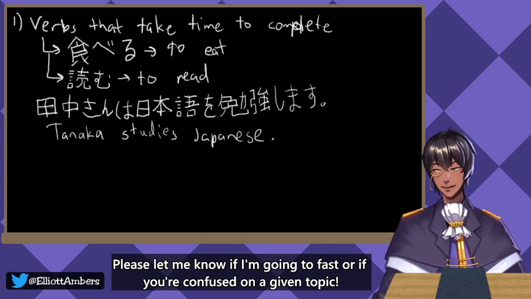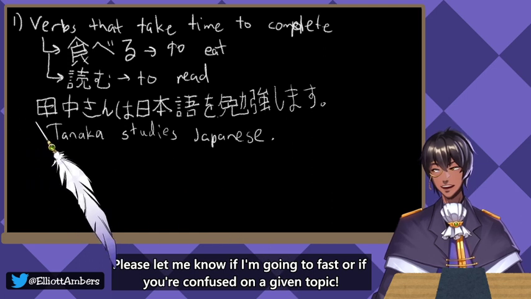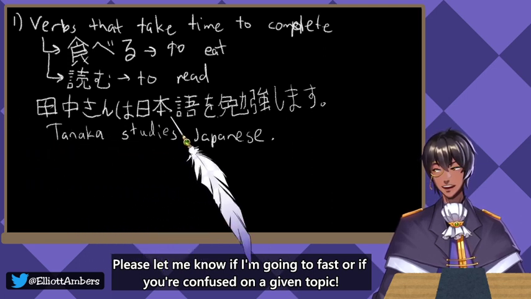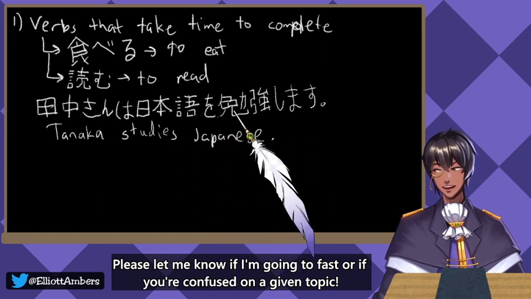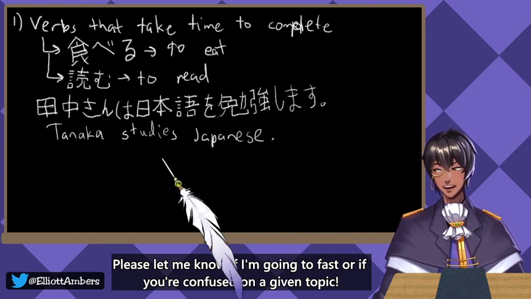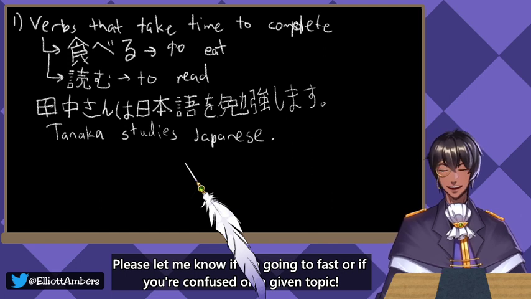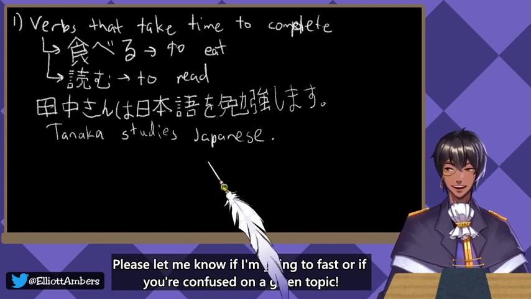So actually, let me pull out the pointer here. So we know that Tanaka-san, that's this first part here. Nihongo, that's Japanese. And benkyou shimasu, studies Japanese. That's the sentence structure that we've been using so far.